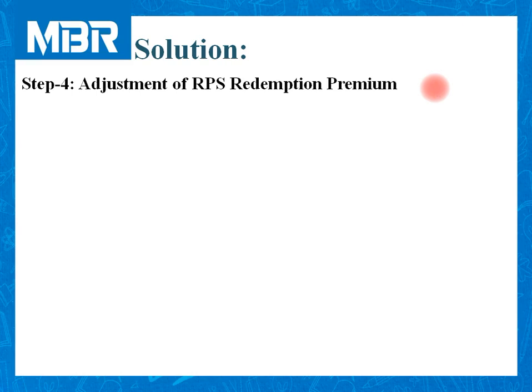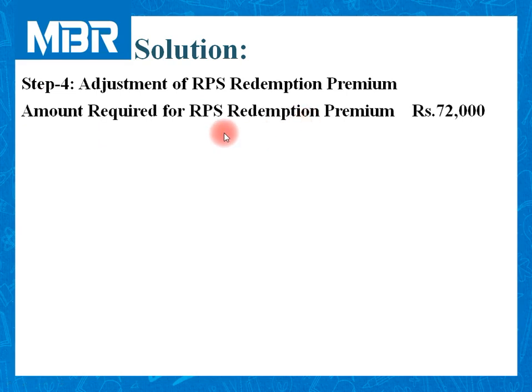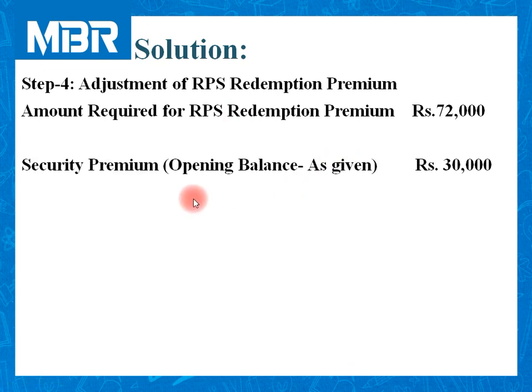Now, second part of the adjustment, and it is all about adjustment of RPS redemption premium. Amount required for RPS redemption premium 72,000. You can check step number 2, amount payable to RPS holders. Security premium given in the opening balance 30,000. There is no amount received by the company as security premium in new issue of equity shares during the process of RPS redemption.